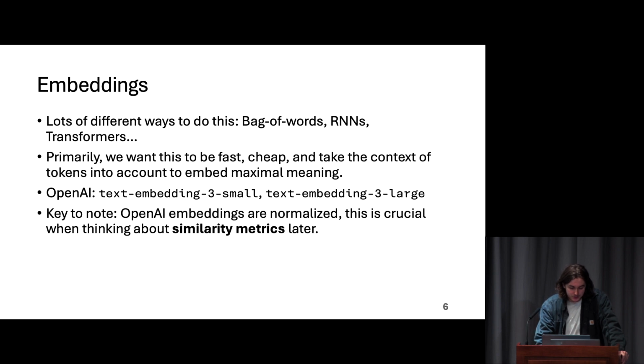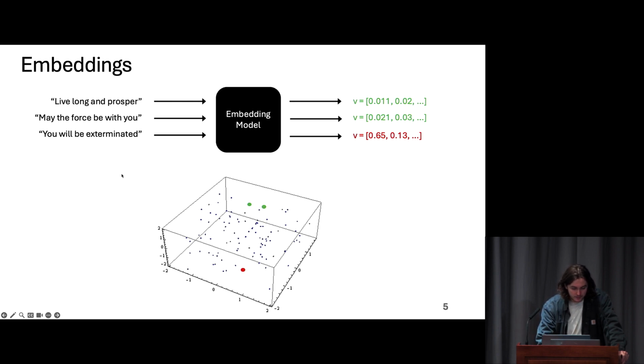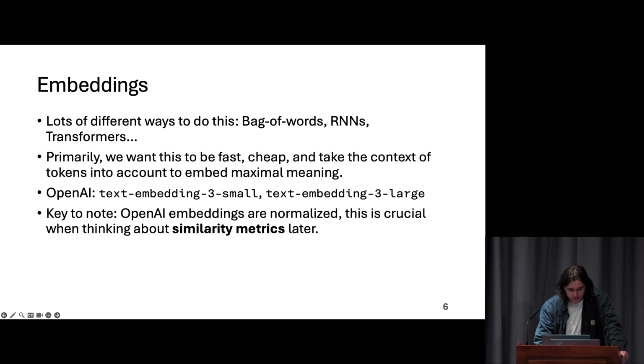If we put "you will not be exterminated," that probably means something different to "you'll be exterminated." There's no real way to do that without some degree of context, and that's what recurrent neural networks and transformers can do. But I'm going to skip over that. I'm just trying to give a whistle-stop tour before we talk about the interesting bits later.